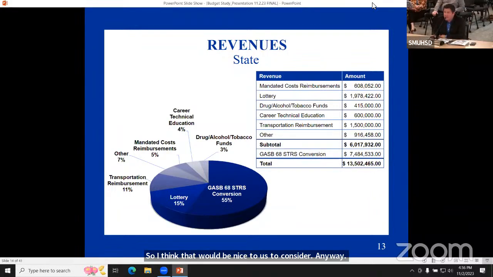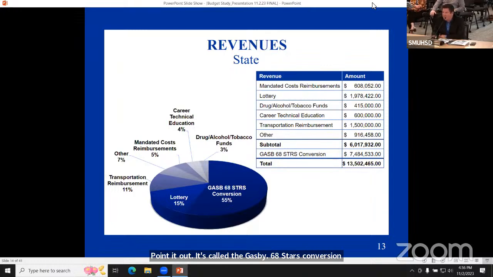Okay. Thank you. In terms of state revenues, in terms of actual dollars received, we receive in the budget about $6 million. That includes lottery funding, mandated costs, transportation. There's also a very technical thing, but I want to point it out. It's called the GASB 68 STRS conversion. And if you're not Trustee Griffin, I don't think you're very excited about it.